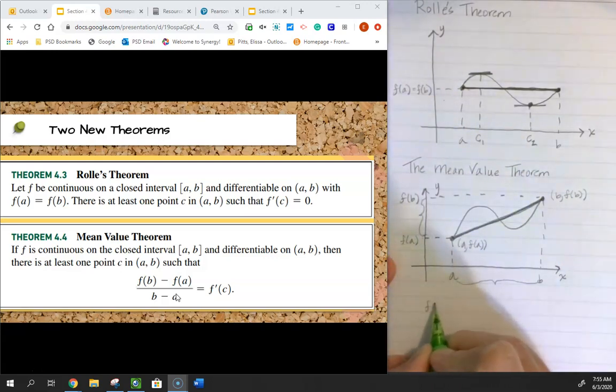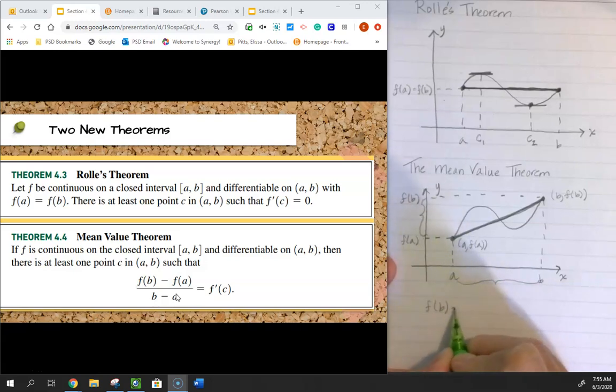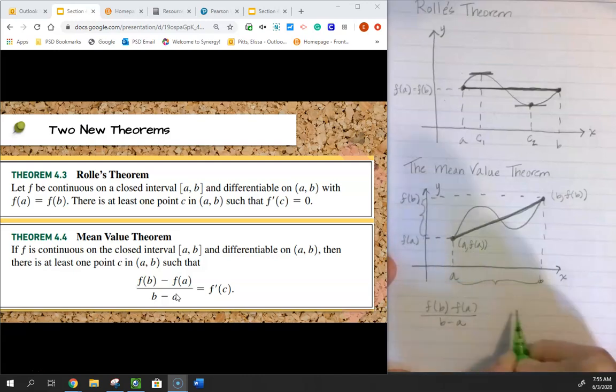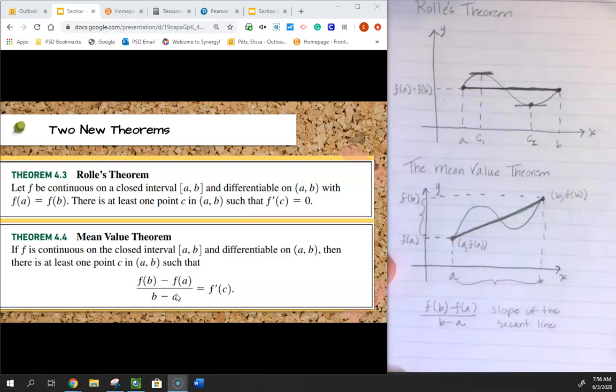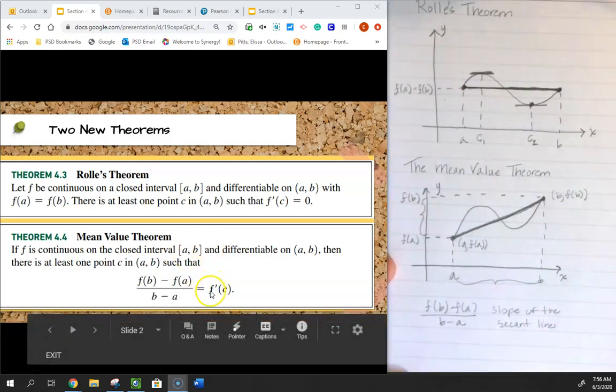So f of b minus f of a over b minus a is the slope of the secant line. Okay, and it says there's at least one point c where the instantaneous slope, the derivative, is equal to that slope between the endpoints.